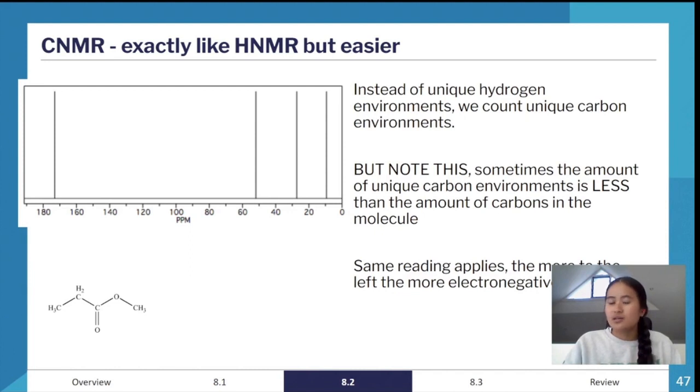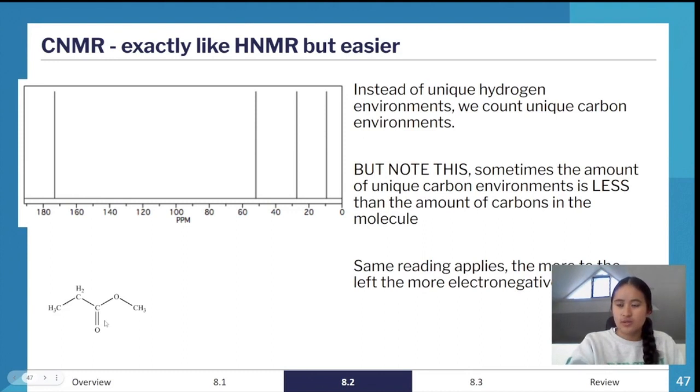It's read the same way as HNMR. The most left is the most electronegative, usually because it is bonded to an O or an N. If we look at the diagram again, the most electronegative would be this carbon environment here. Then it would go here, and here, and then here.